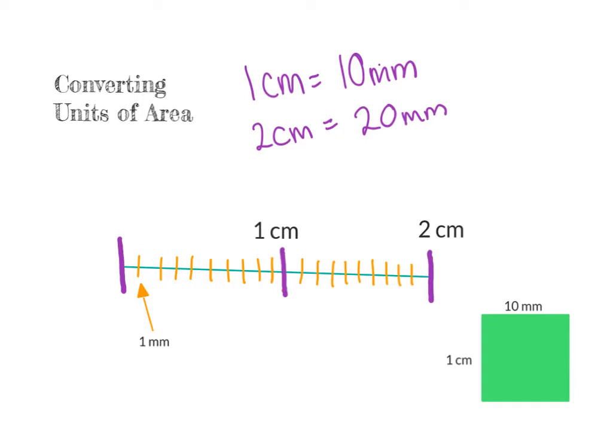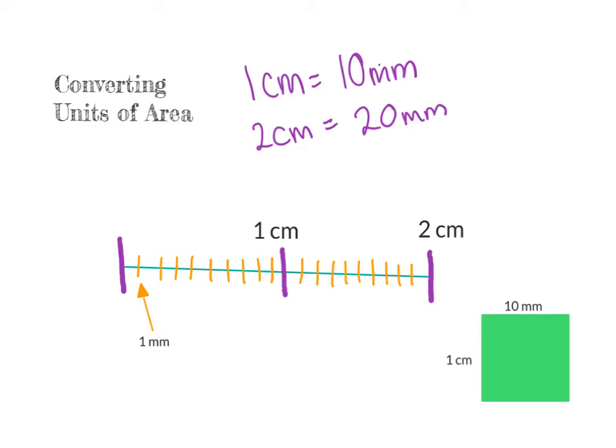Sometimes when we're working with measurement, we will be given shapes, particularly in area, where they actually have 2 different units of measurement. So for example, this shape here that I've just drawn says that this side length here is 10 millimeters, yet this side over here is 1 centimeter.